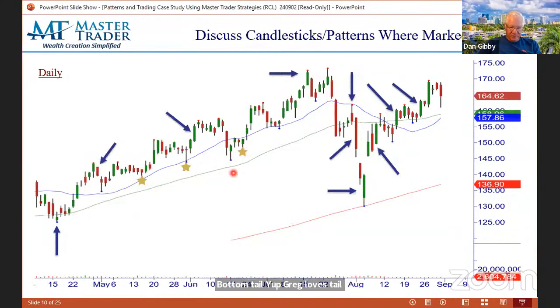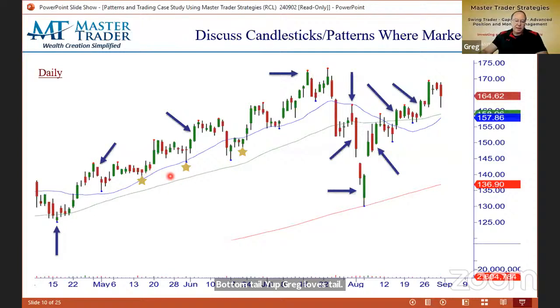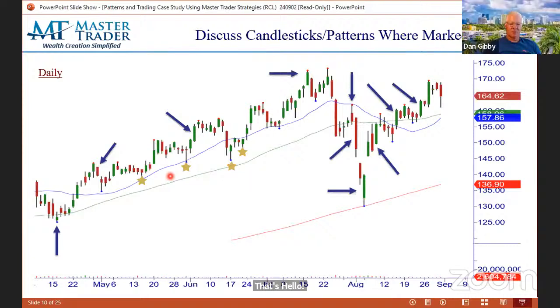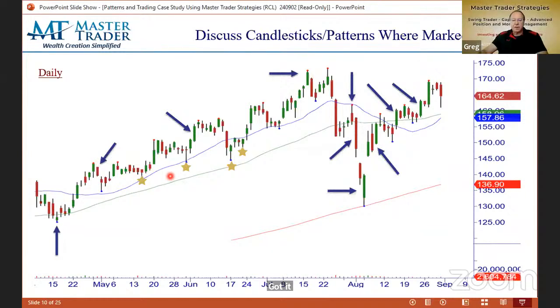And you should have put one here too, Greg. Well, I marked those because they violated multiple bars of support. Got it. This one happened after going down a red bar, and then it happened in an area of support.